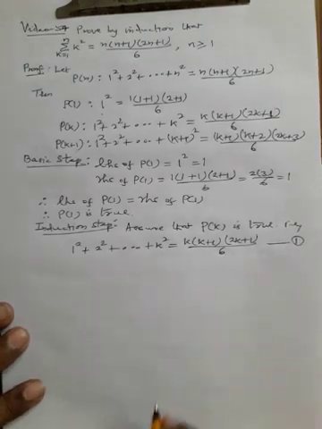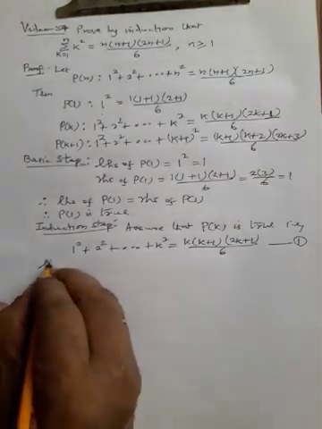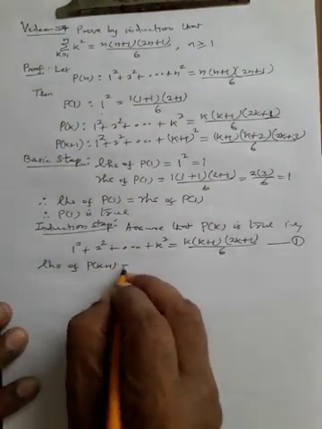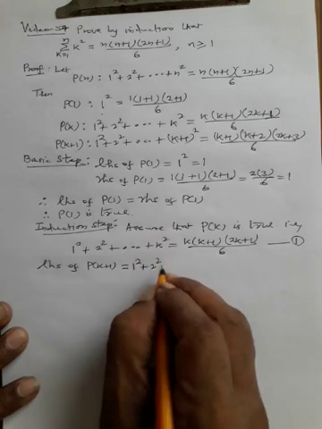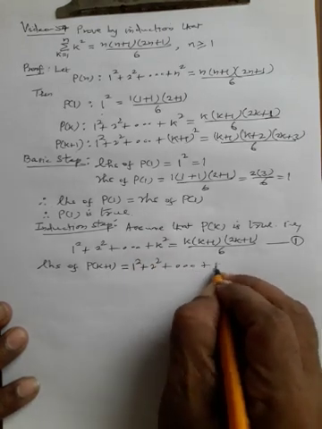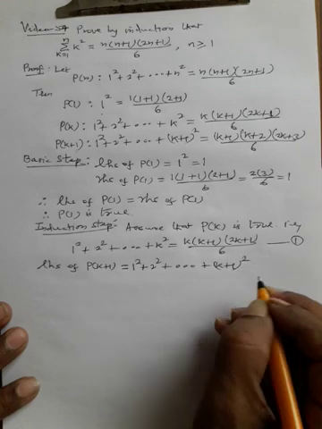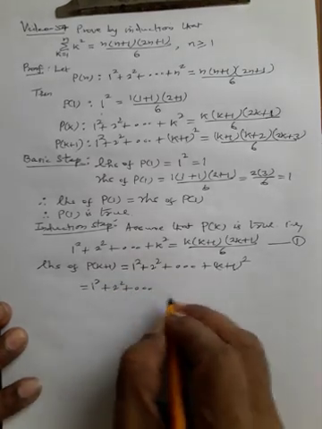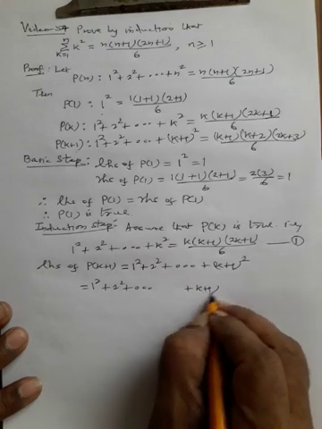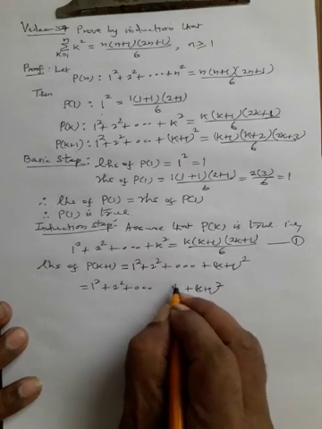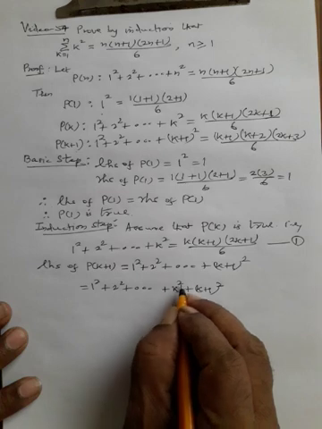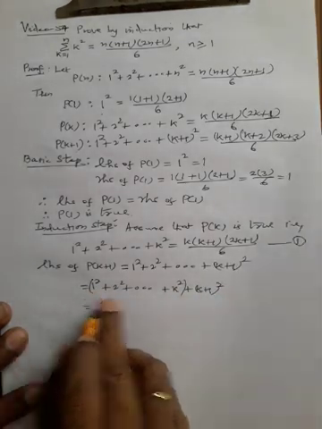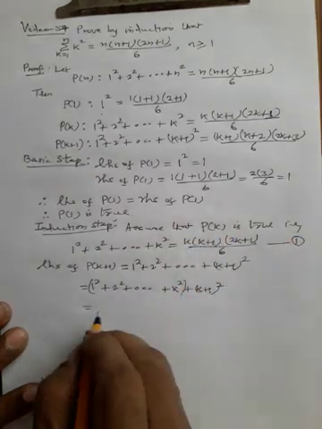Equation number 1. This we are assuming. Now the LHS of P of k plus 1 is equal to 1 squared plus 2 squared plus ... ending with (k plus 1) whole squared. The previous term is k squared, and 1 squared to k squared is given by equation number 1.